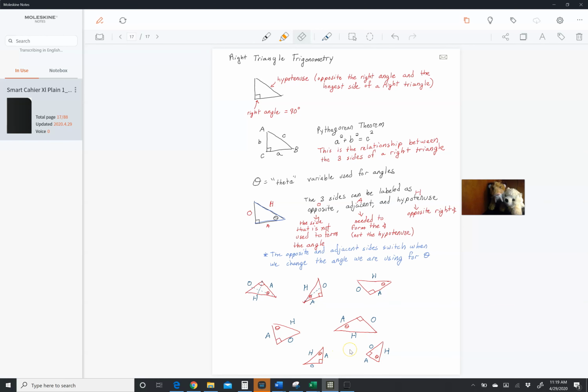Okay, so this is how you label your right triangles. Okay, so from here, we're ready to define our trigonometric functions. Okay, and these are definitions. They're not calculations. We are simply defining. And the definition of a trigonometric function is the ratio of the sides of a right triangle. So that's what trigonometric functions are.